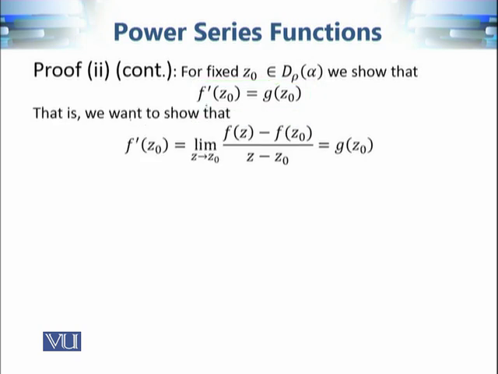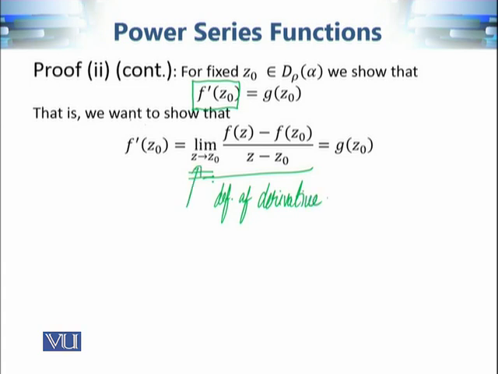Now if we want to prove that the derivative of this function at point z0 is equal to g of z0, in other words, we want to show that the following limit, as z approaches z0, of f of z minus f of z0 over z minus z0 is equal to g of z0, because this is just the definition of derivative.